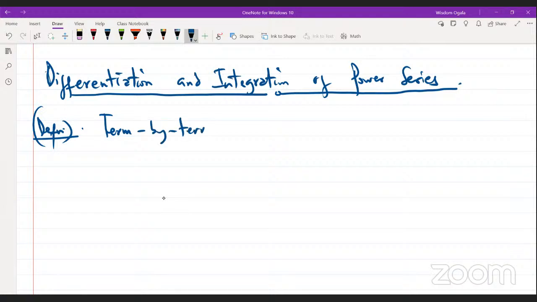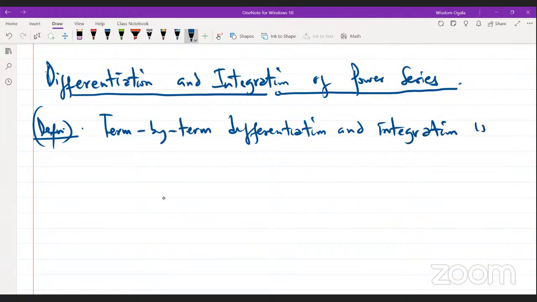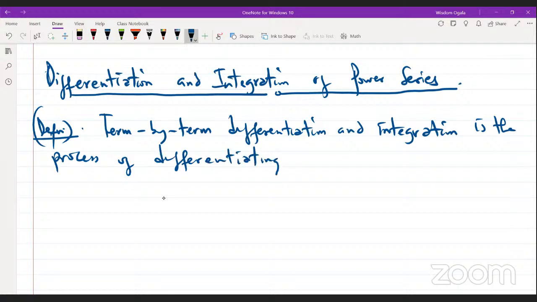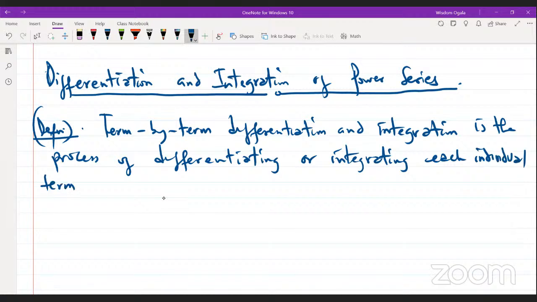Term by term differentiation and integration is the process of differentiating or integrating each individual term, just from the word term by term, okay, in the series.